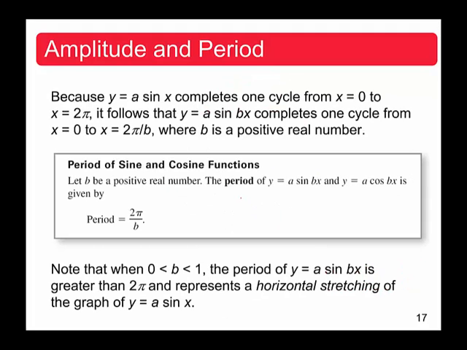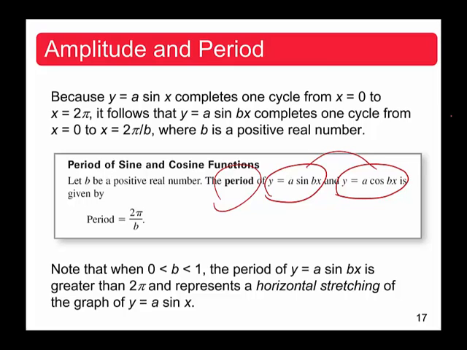And the period. Typically if you have a function y equal to a times sine bx, or y equal to a times cosine bx, the period equals 2 pi over b, right?